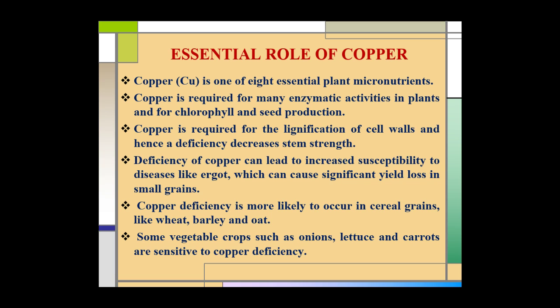Copper deficiency is more likely to occur in cereal grains like wheat, barley, and oat. Some vegetable crops such as onions, lettuce, and carrots are also sensitive to copper deficiency.